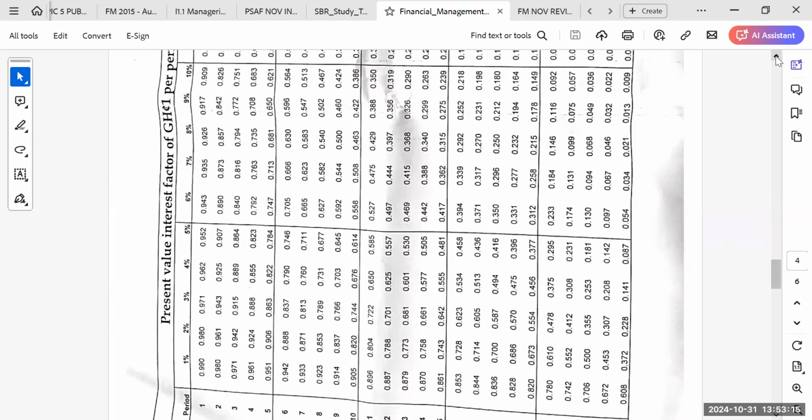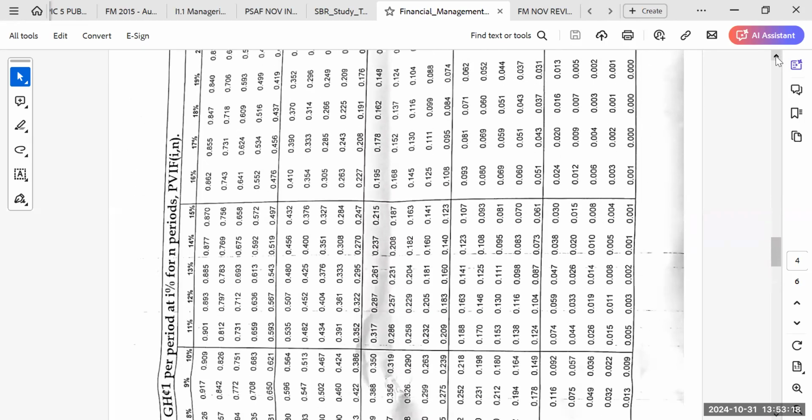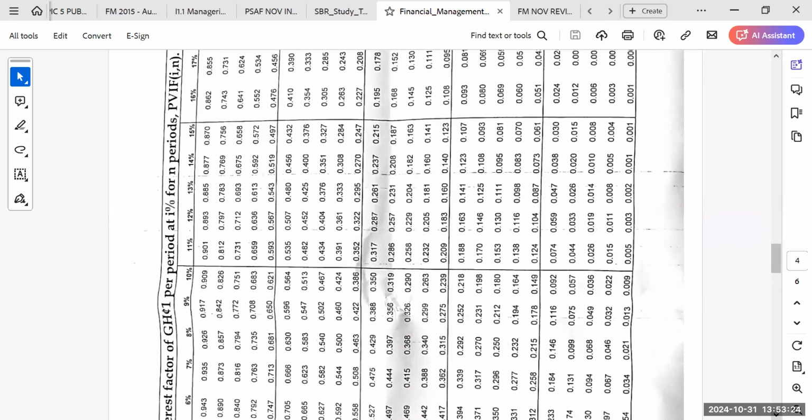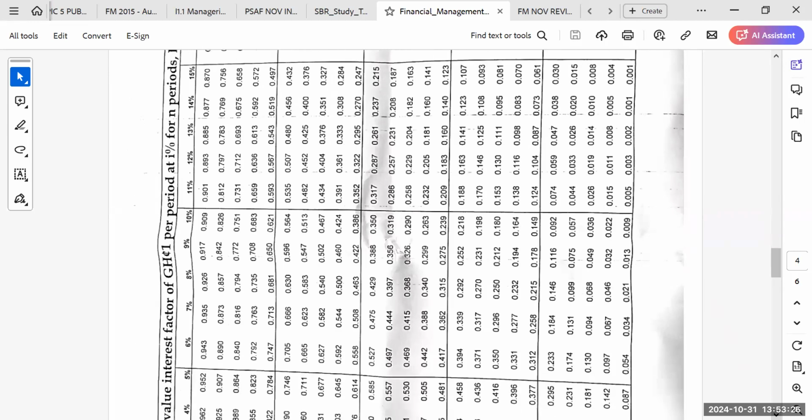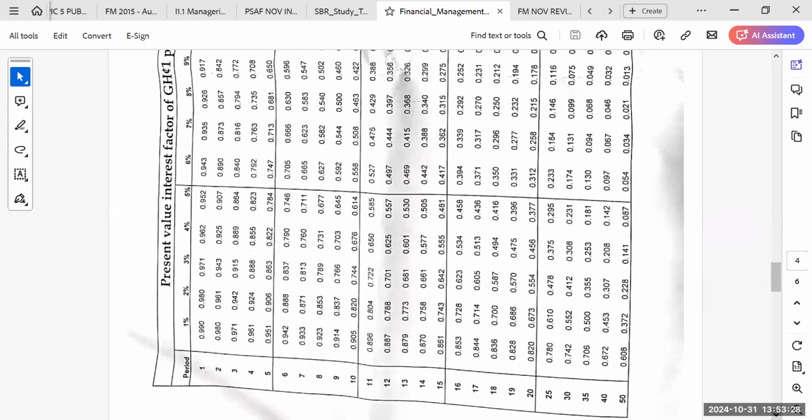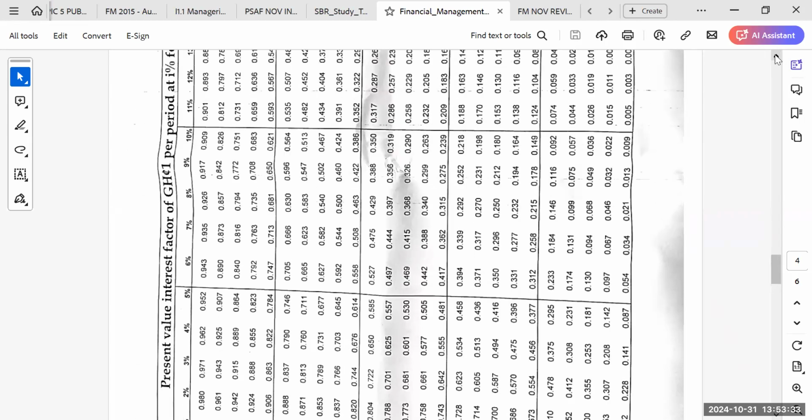No, this will be the future value. The annuity of present value is not there. I think it's the future value rather. Oh, okay. So it's the same thing that the person captured. The person captured one side twice.